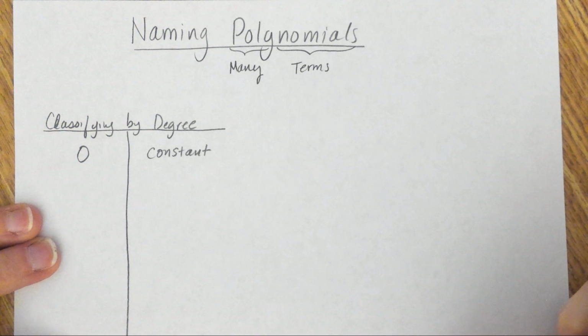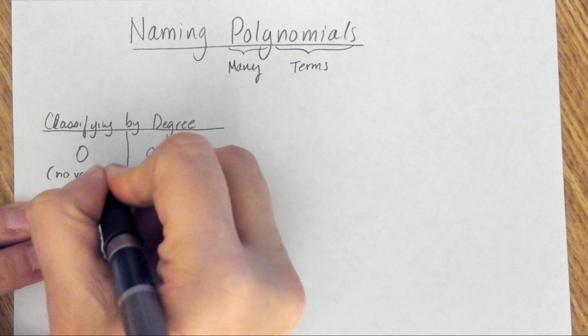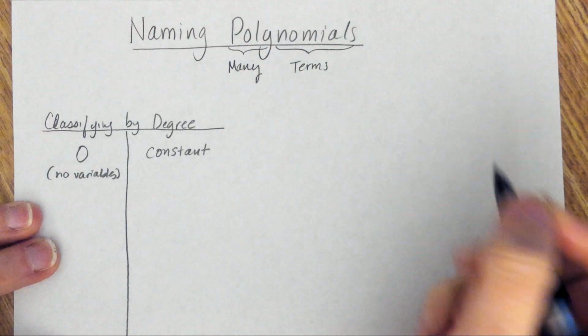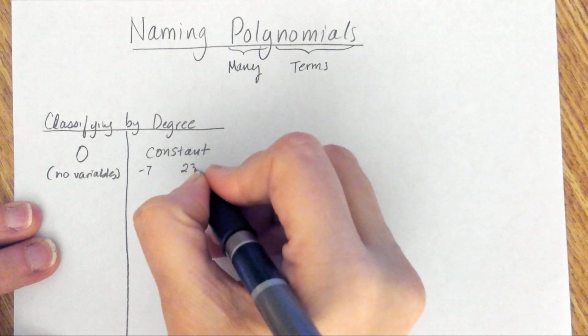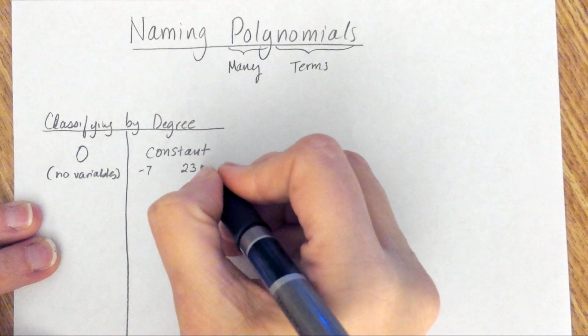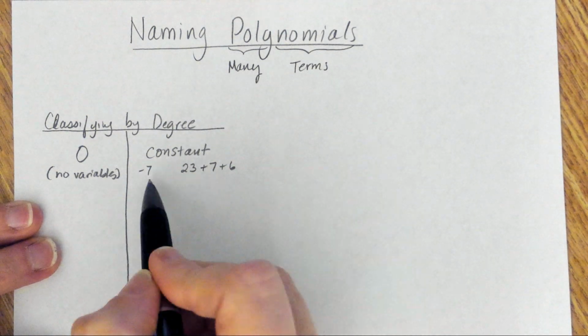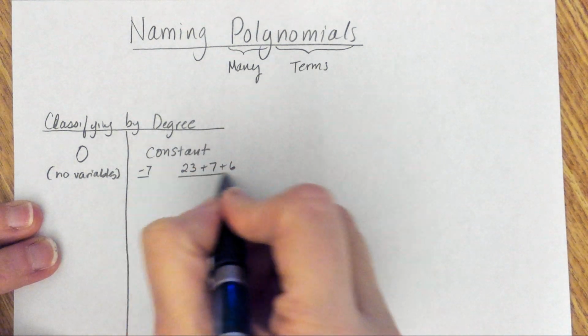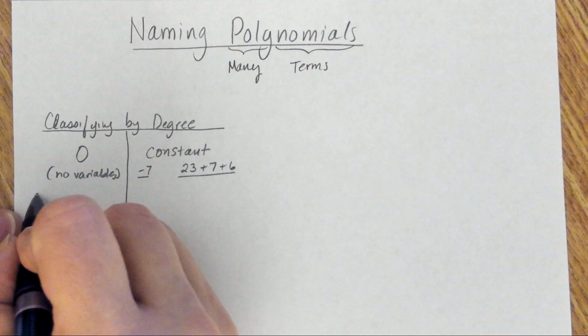That means we're not actually going to see any variables. So it might look like the number -7 or the number 23, or 23 plus 7 plus 6. These are both expressions, and they have no variables, so we call them constant.